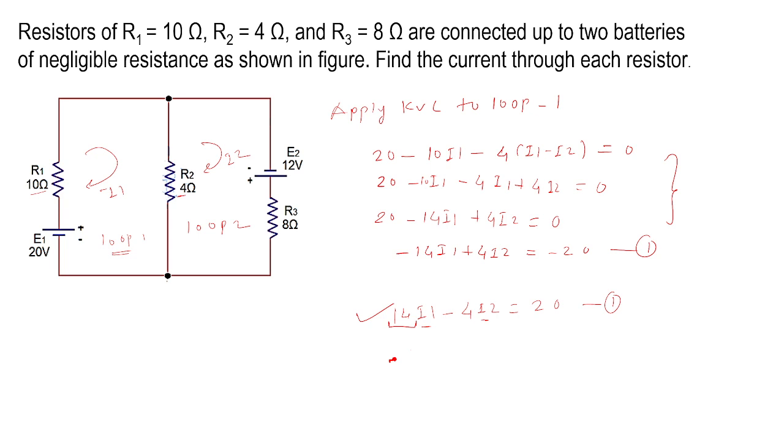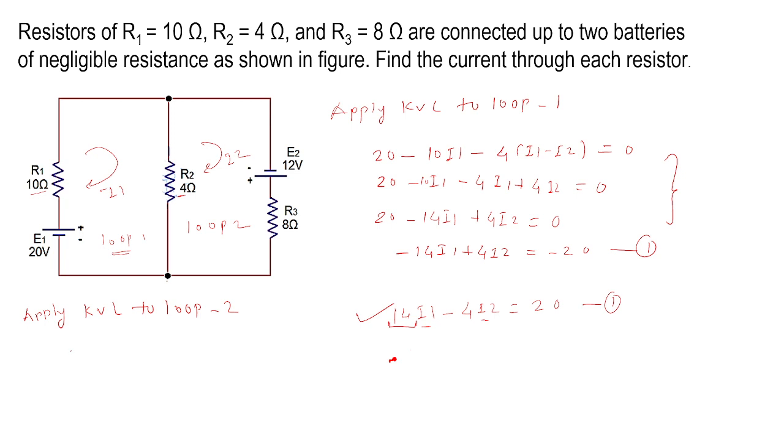Now what we are going to do here? I will write here: apply KVL to loop 2. So we need to check how many resistors are there. 2 resistors. Okay. So 4 ohm and 8 ohm.